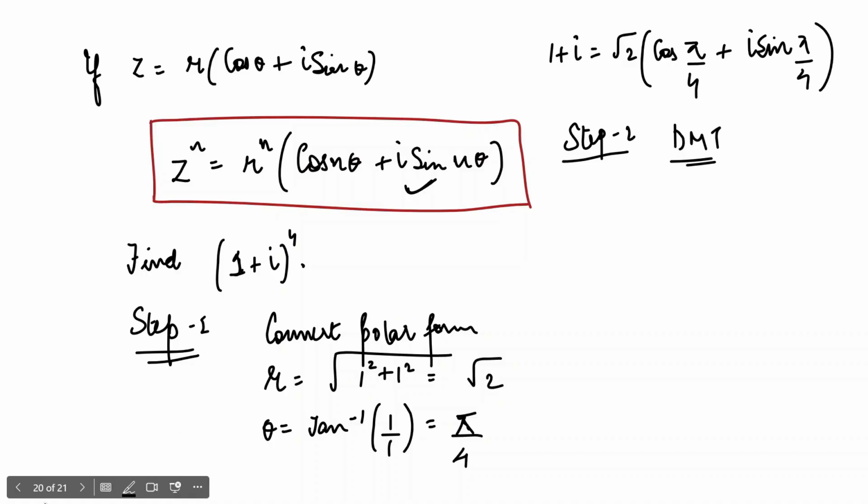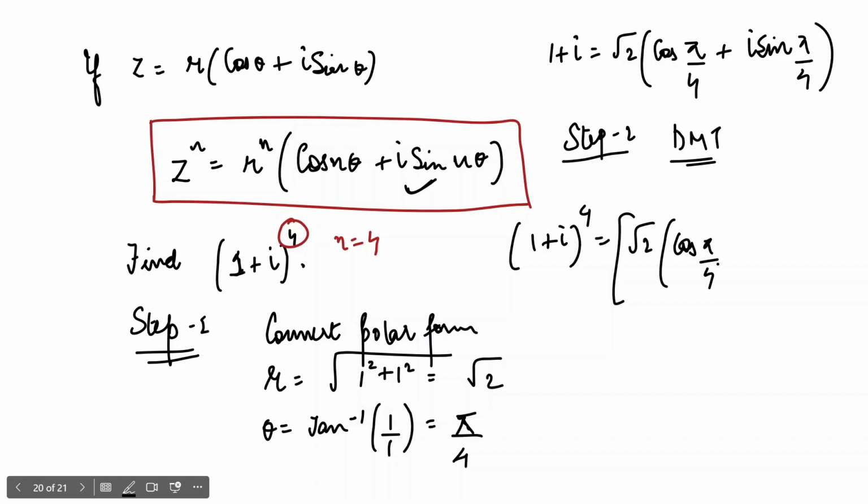Here the value of n is 4, so we are going to simply substitute the values. (1 plus i) raised to the power 4 equals root 2, which will also be raised to the power 4, cos of 4 multiplied by pi by 4 plus i sin of 4 multiplied by pi by 4.